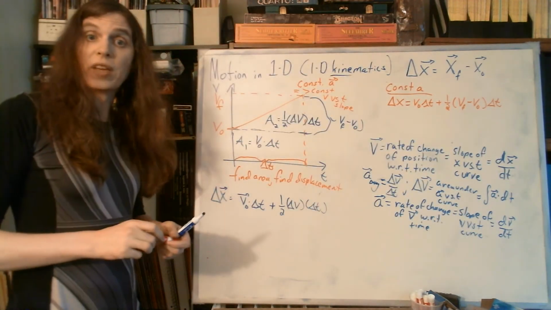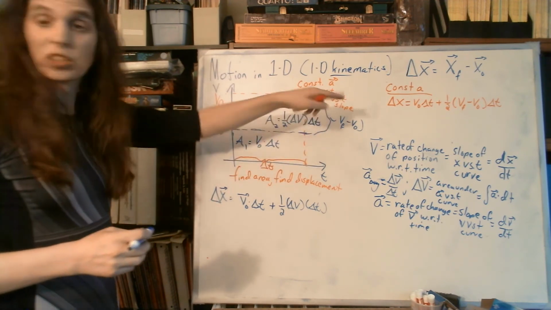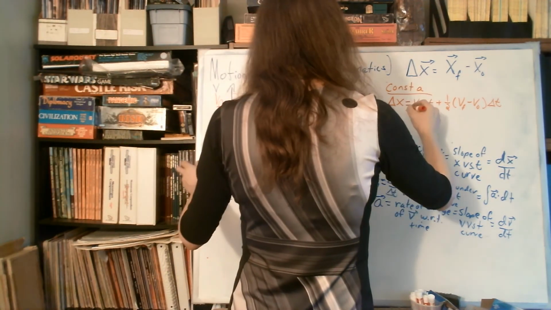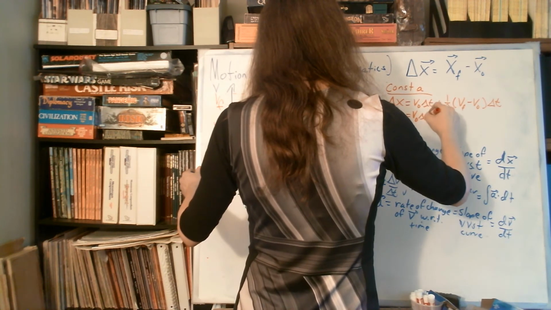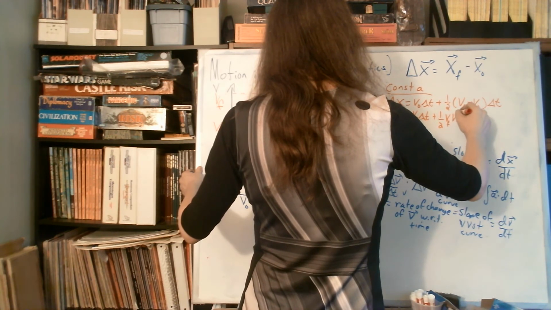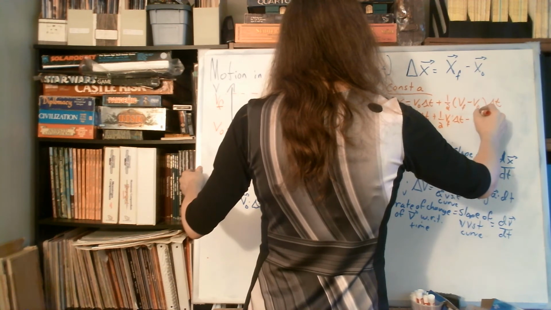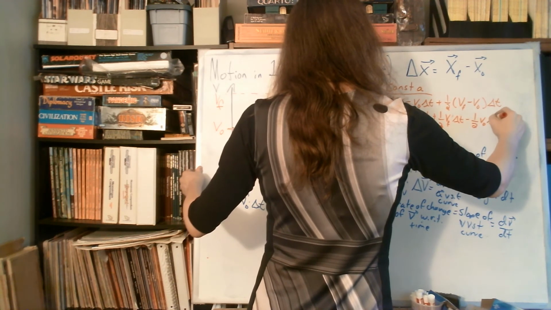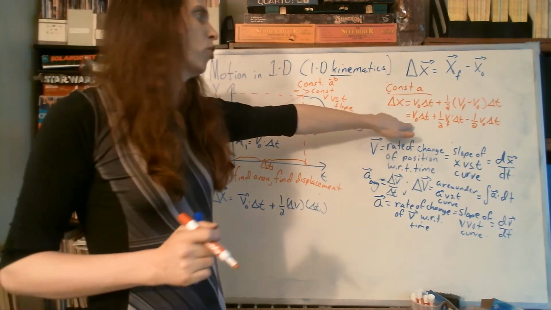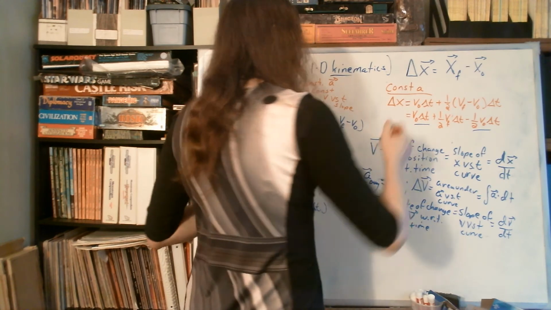Now we can do some algebra on that to clean that up a little bit. Actually, let's do that over there for now. So we go ahead and do that. And we say, all right, so that's v0 delta t plus 1/2 v final delta t minus 1/2 v0 delta t. Well, we have a full v0 delta t over here, and we have half of a v0 delta t over there.